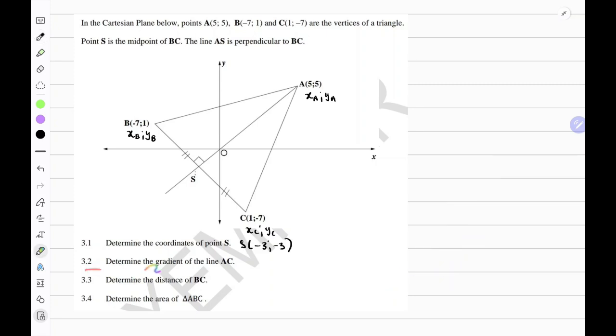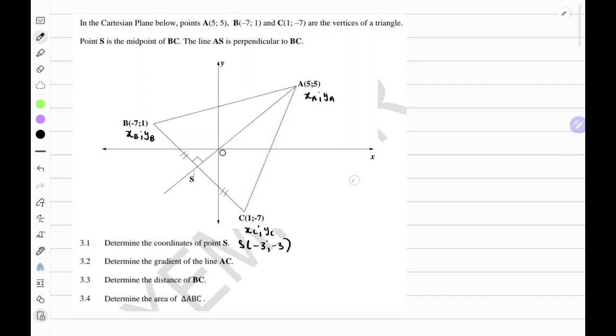The next question says determine the gradient of line AC. So we need to apply the gradient formula. Notation is important. Gradient AC is equal to change in y, which is YC minus YA, over XC minus XA.